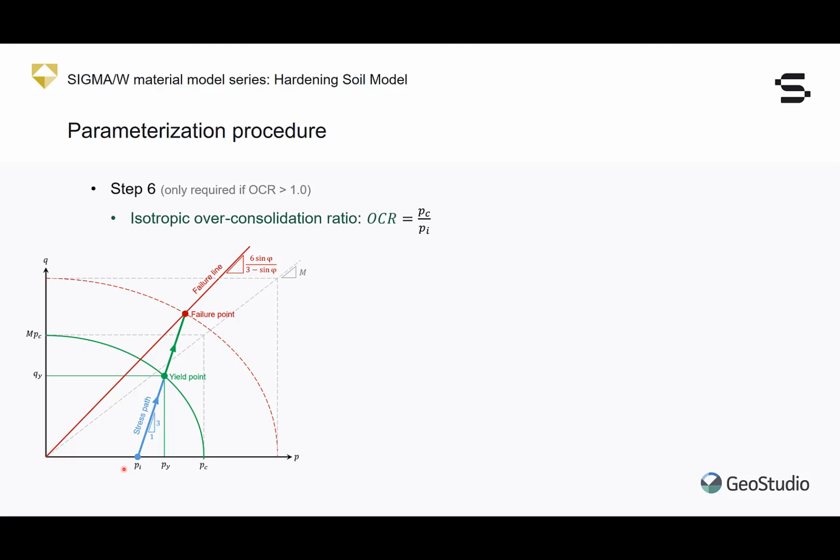In contrast, the numerator, P subscript C, defines the size of the yield locus passing through the yield stresses Qy and Py. As such, P subscript C must be calculated from the equation of the yield function.